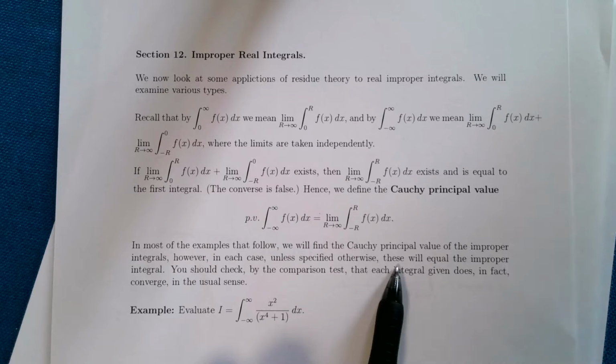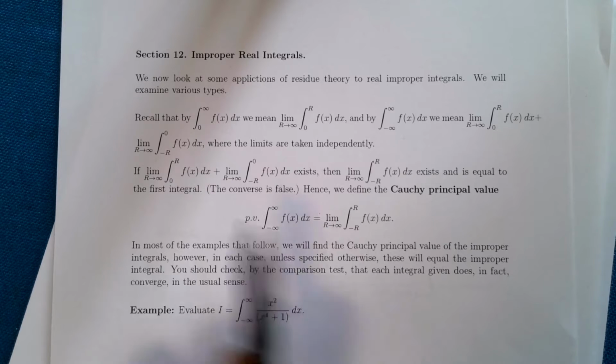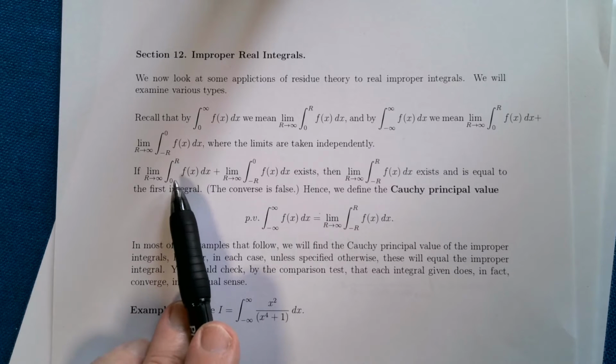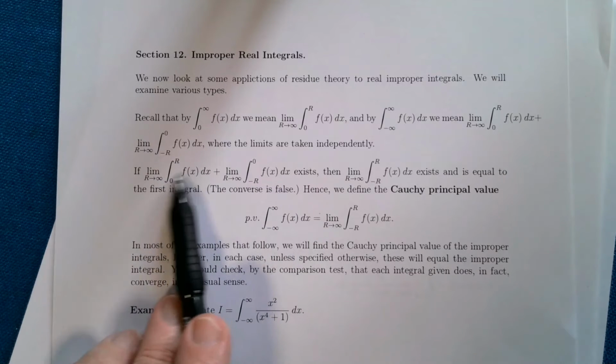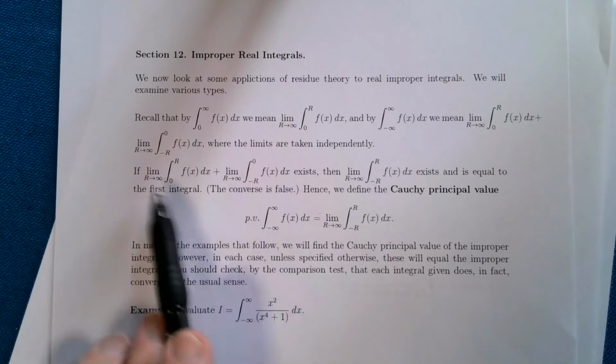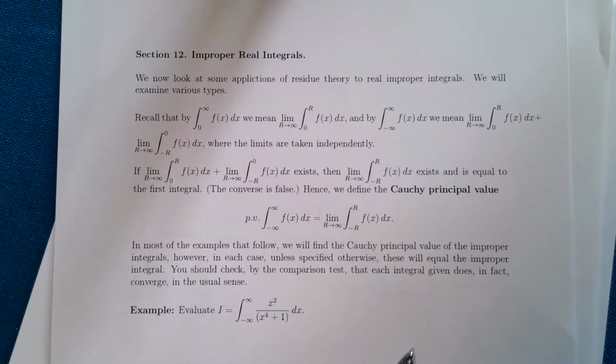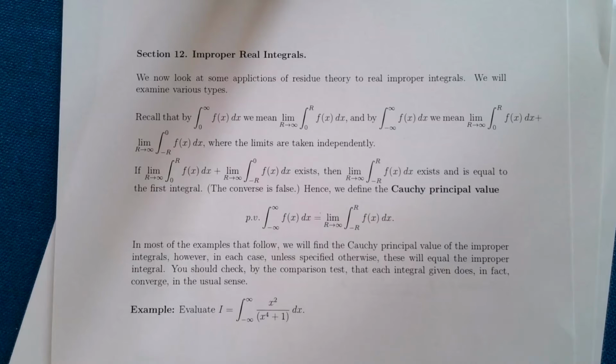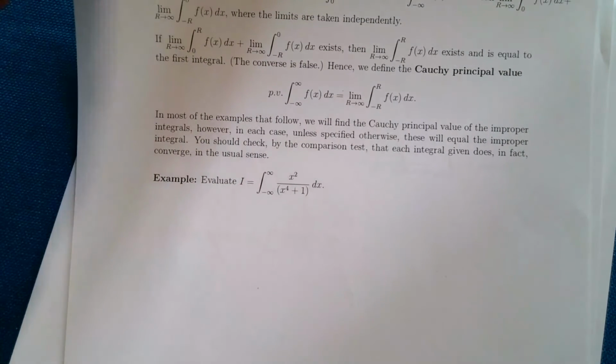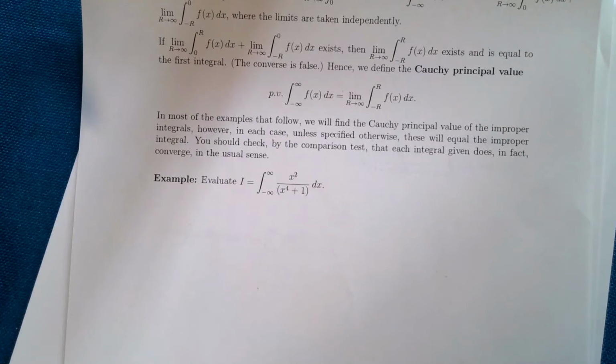That is, we could have split this up into two integrals and looked at each of these separately, checking whether the limit exists separately. So you should check by the comparison test that each of the integrals we're looking at does in fact converge in the usual sense. So a fairly simple one to begin with. This one you can do by elementary methods.